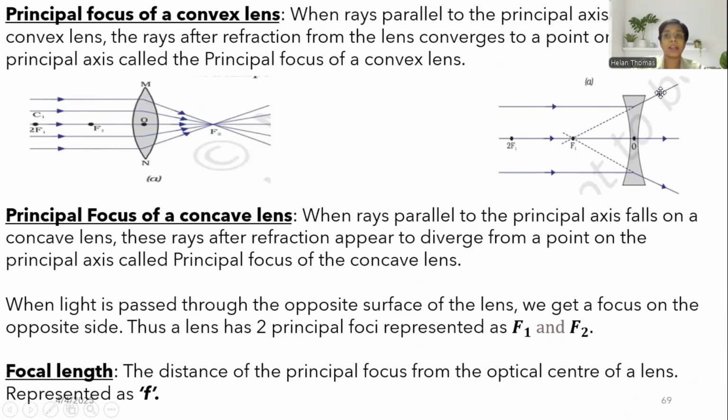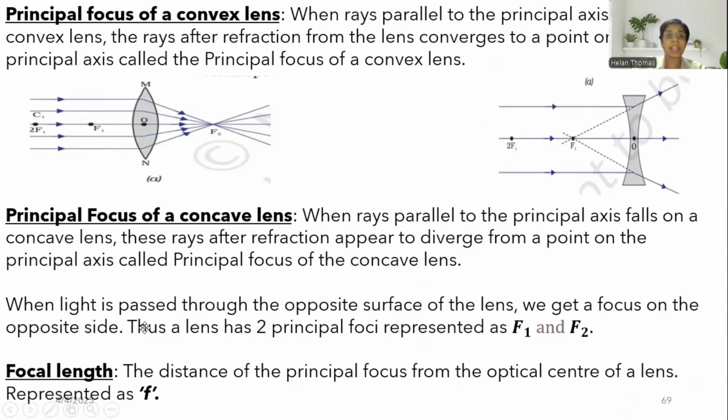If you see this refracted ray and extend it, you will get the focus here. It is from this focus that the light ray appears to diverge in the case of a concave lens. This point on the principal axis from which they appear to diverge is called the principal focus of the concave lens.